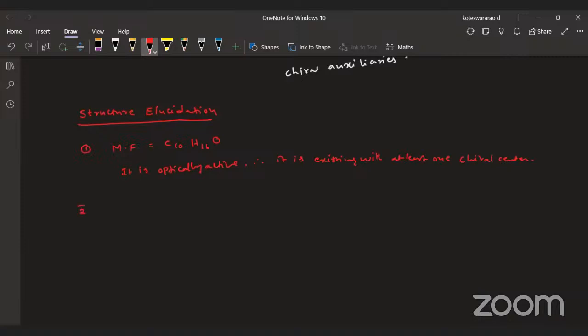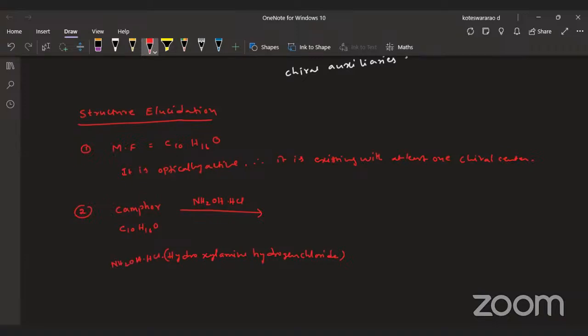Now, coming to the second point, camphor, C10H16O, is treated with NH2OH, that is hydroxylamine hydrochloride, NH2OH.HCl, right?